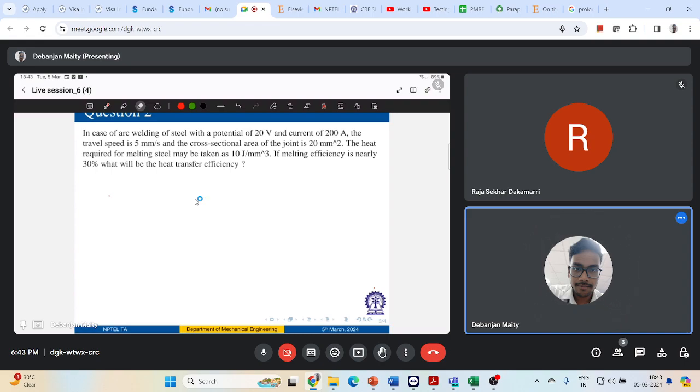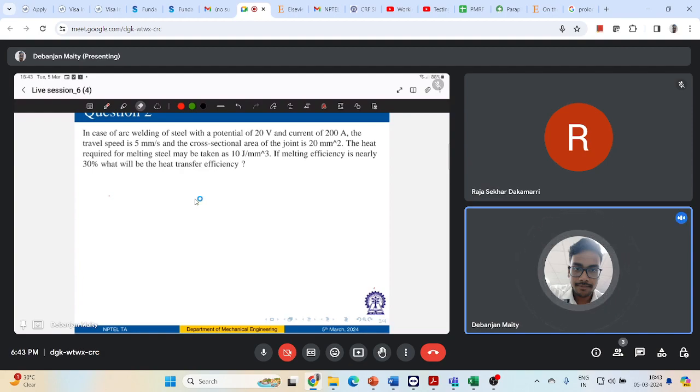So I have been given the heat required to melt the material. If something is given in terms of unit volume and you get the total melt volume, you can get the total heat to melt the material.